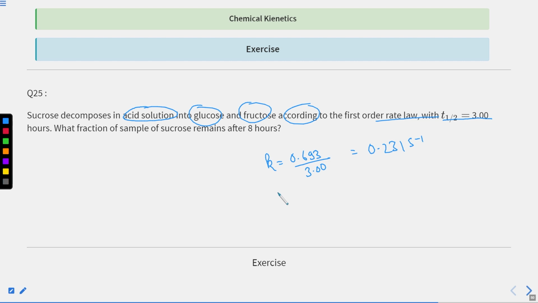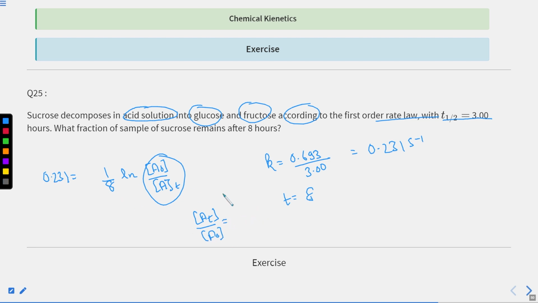Now we have to calculate what fraction of sucrose remains after 8 hours. So it is 8. We know the integrated rate law: K is equal to 1 by T ln of initial concentration, suppose I am representing it by A naught, by At. You have to calculate what fraction is remaining, so you will calculate At by A naught, not A naught by At.